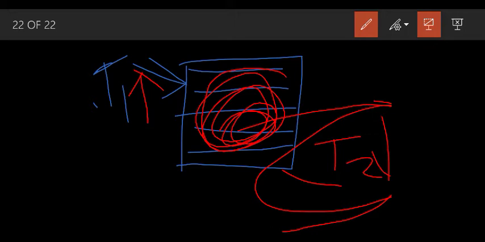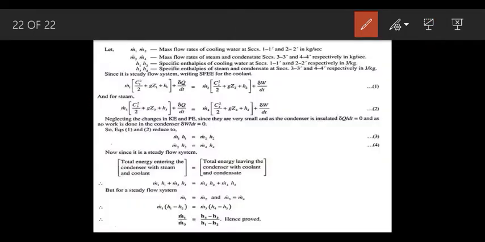Now here there is no change in velocity, so kinetic energy is negligible, potential energy is negligible, and work done is also negligible. The only thing we consider is the mass flow rate at the entrance and the mass flow rate at the exit. So mass flow rate we represent as m. I will just zoom in on this part.